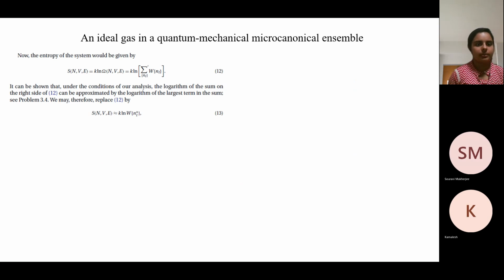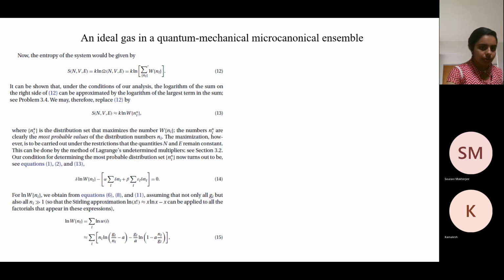Now, once you know the number of microstates, you know how to find the entropy. That is just k ln omega. The term in W that contributes the maximum to the entropy is the term which corresponds to the largest number of microstates, so we want to find that term. Ni star gives you the distribution that has the largest number of microstates. How do we do that?